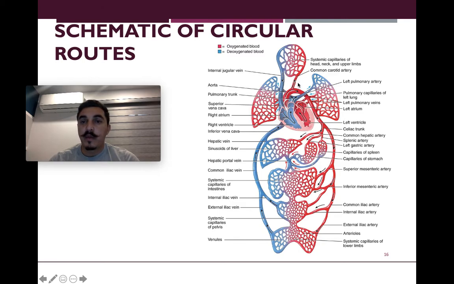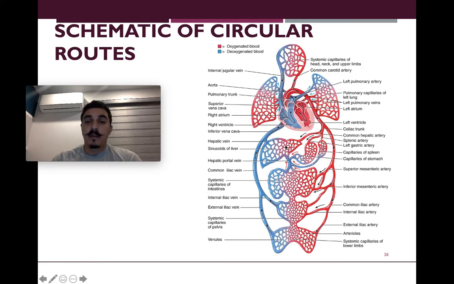It can go up to the common carotid artery, or it can go to the different parts of the body, to the trunk, to the hips, to the lower limbs, different areas of the body. And here on the left side, we have the veins. So the blood that was deoxygenated, it's already been used.